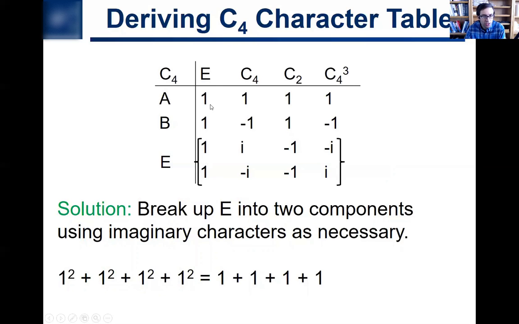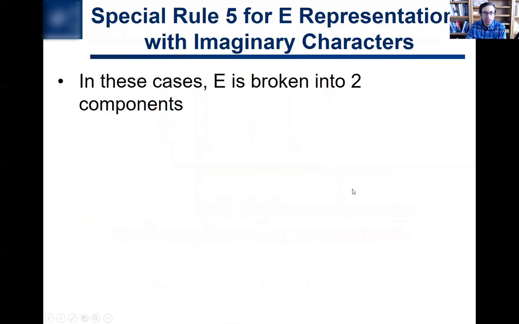That also allows you to have 4 irreducible representations effectively, right? And you know from rule 4 of the character tables that we always have to have the same number of rows as columns. So now we have 1 squared plus 1 squared plus 1 squared plus 1 squared equals 4, and that equals the order of the group.